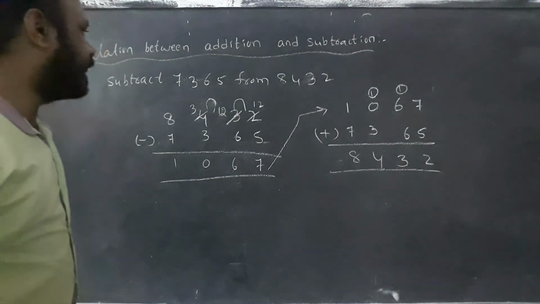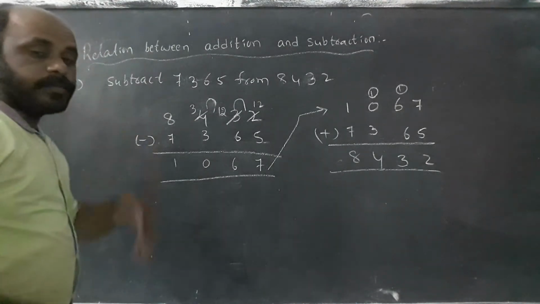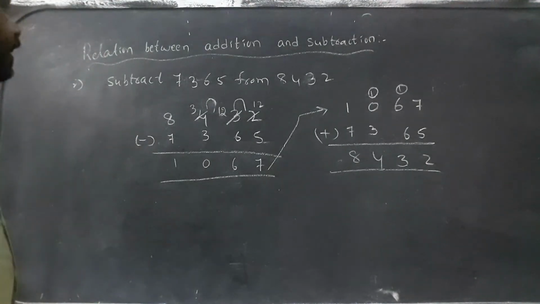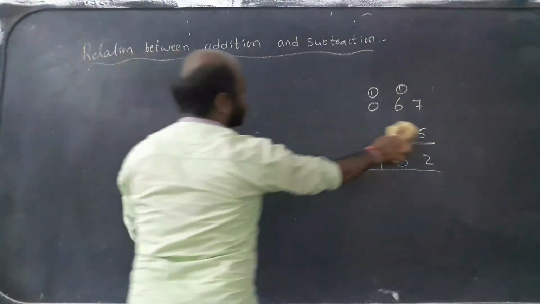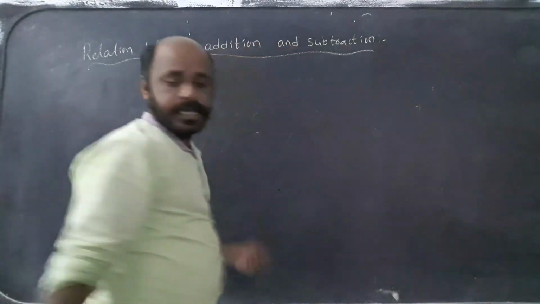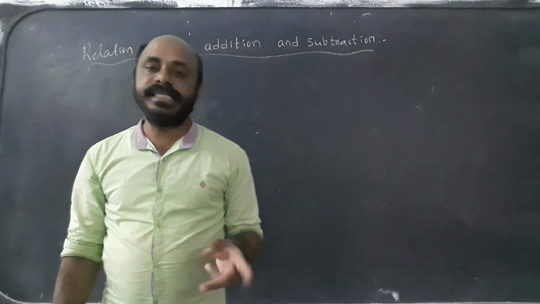Okay children. The next one: see, subtraction he gave. He will also give it in different forms. The subtraction he will give in different methods. See, find the difference between the two numbers and check with addition.